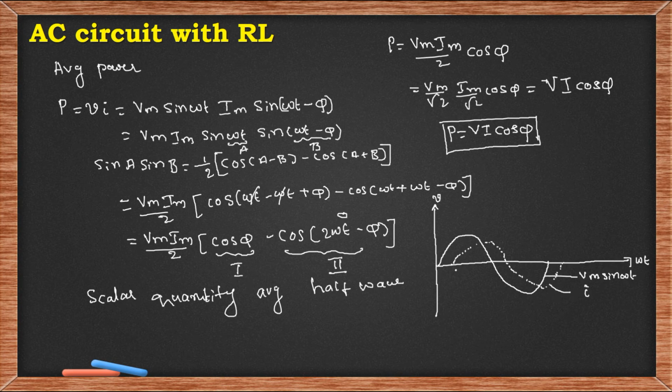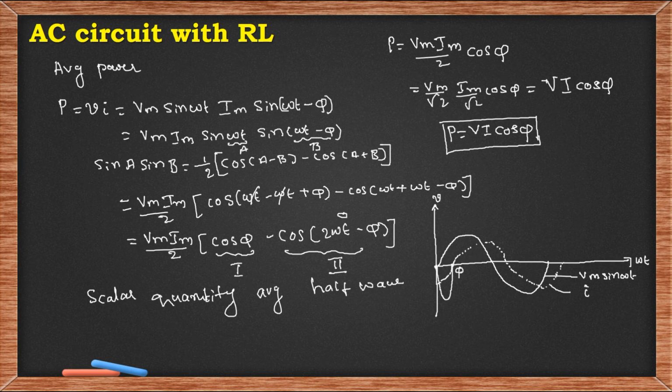I. Then let us extend this up to the reference axis. Then the power is the product of these two. Between 0 and pi instant, voltage is positive and current is negative, so the product of these two gives negative power.